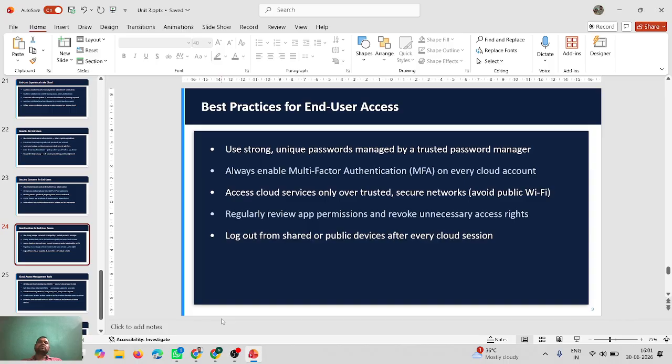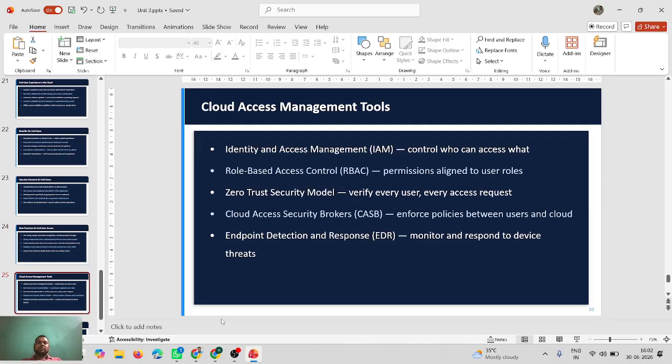Secure networks should be used, and regularly reviewing your application permissions and changing passwords is also advisable. And logging out from shared or public devices is pretty much required for secured cloud access. And there are a lot of cloud access management tools, like identity access management, role-based access control, and zero trust security models. We'll explore these tools in detail in the upcoming sessions.